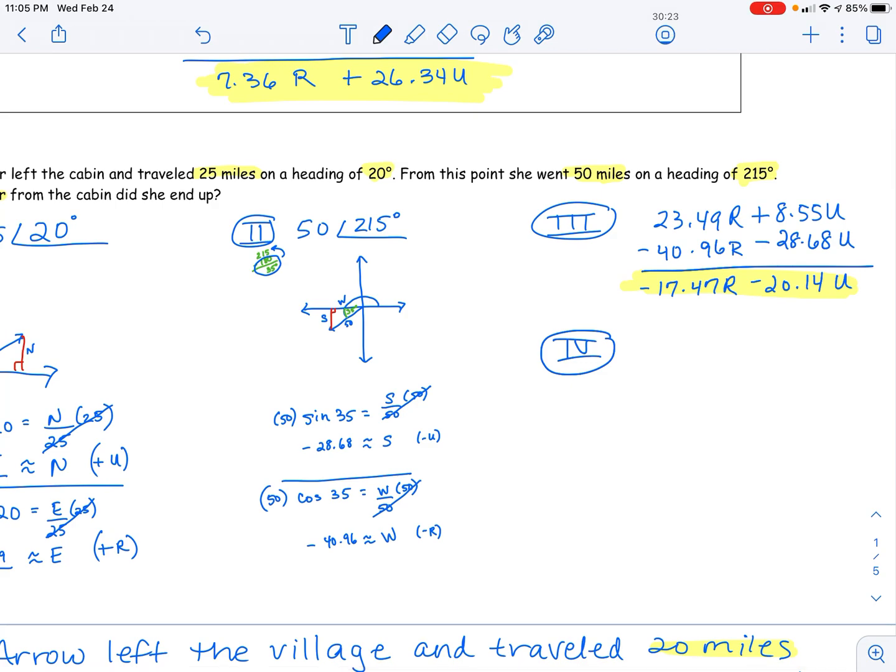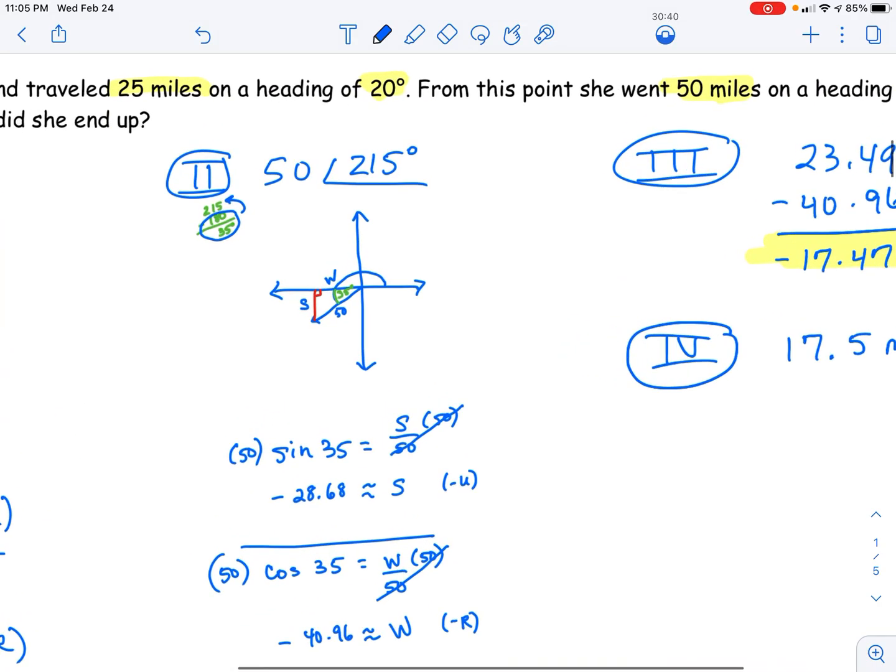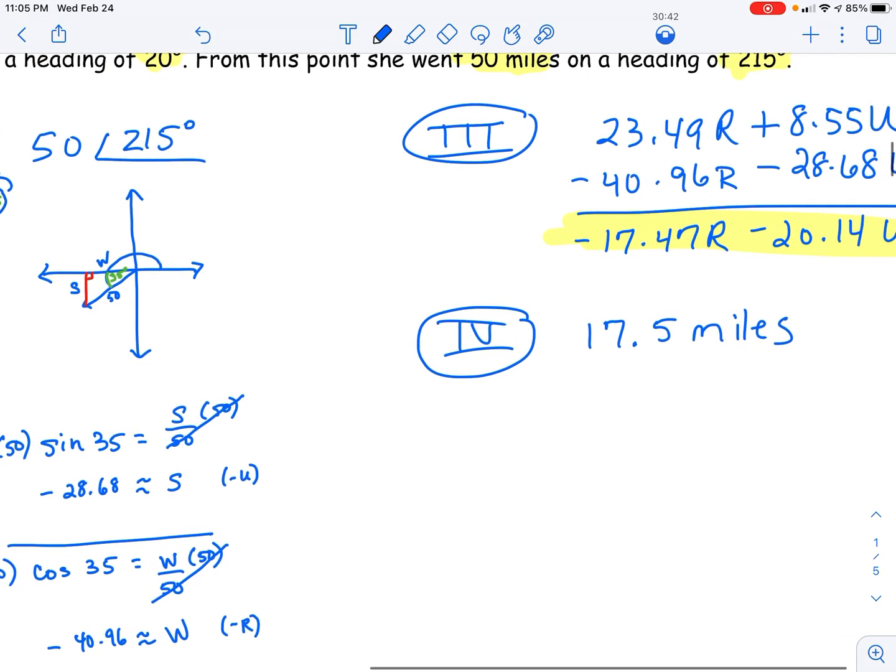So let's see how that works out. Let's round this 17.47. We'll call that 17.5 miles. So she, I think this was about a girl, went 17.5 miles. Which direction? Remember we said negative right is heading west.